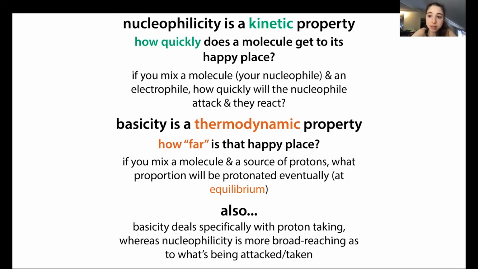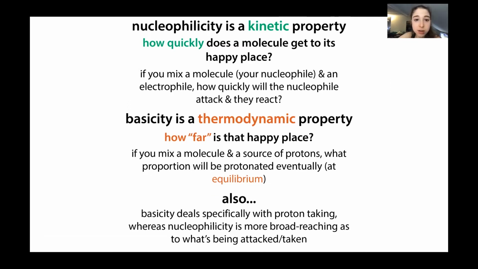But when we talk about nucleophilicity or basicity in terms of these specific measurements, we have to think about the differences in kinetics and thermodynamics, because you're talking about speed with nucleophilicity and just endpoint with basicity.